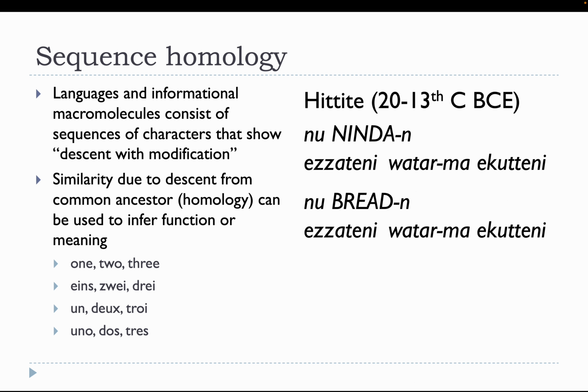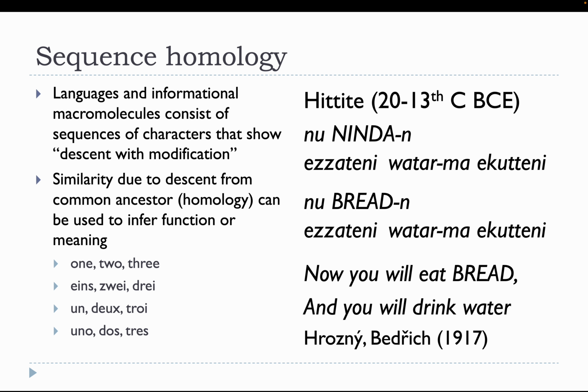thousands of years ago. And one of the interesting examples for me here was the decipherment of Hittite, a language that flourished in what is now Turkey from the 20th to the 13th century BCE.